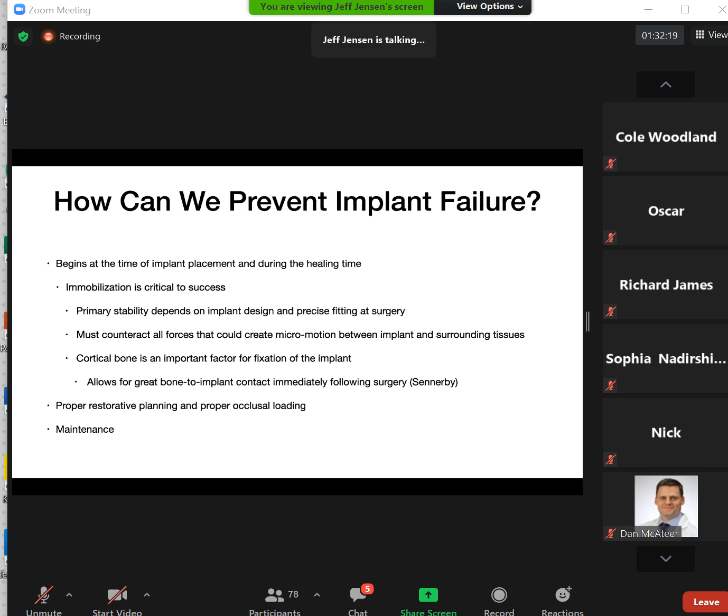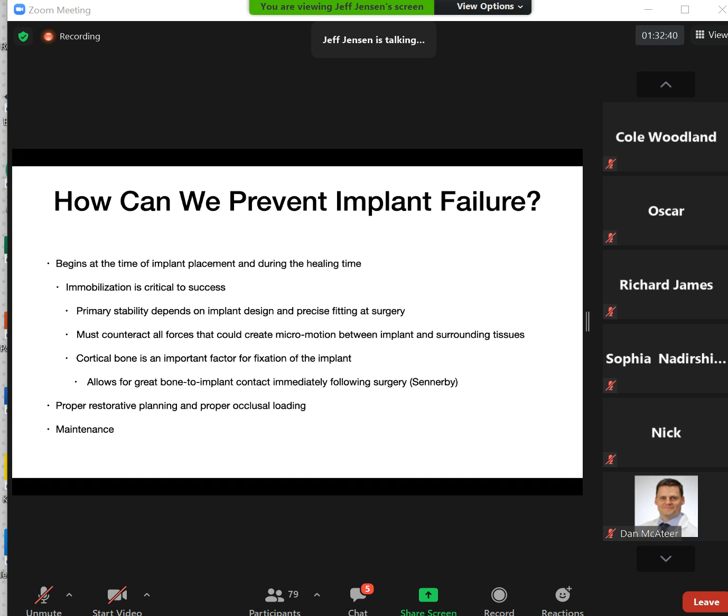Cortical bone, we like to see that and engage that, because that gives us a little better stability at the time we place it. And we tend to see, with cortical bone, you have more dense bone. So if the implant is engaging that bone, there's more implant to bone contact, leading to, in theory, better stability over time.